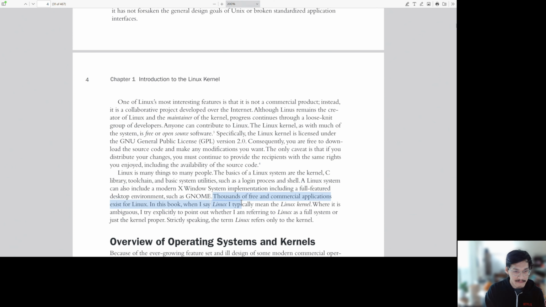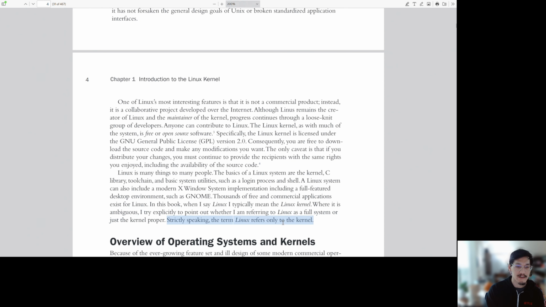Thousands of free and commercial applications exist for Linux. In this book, when I say Linux, I typically mean the Linux kernel. Where it is ambiguous, I try to explicitly point out whether I am referring to Linux as a full system or just the kernel proper. Strictly speaking, the term Linux refers only to the kernel.